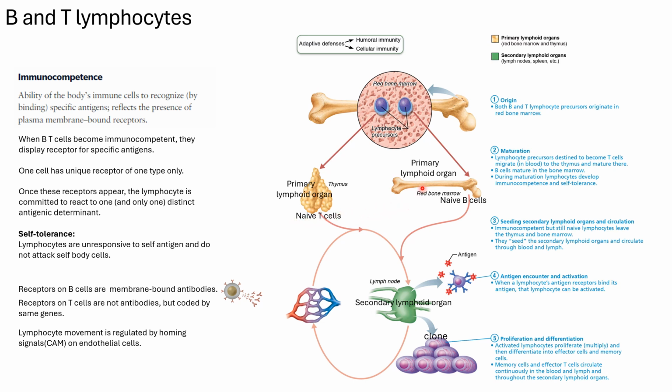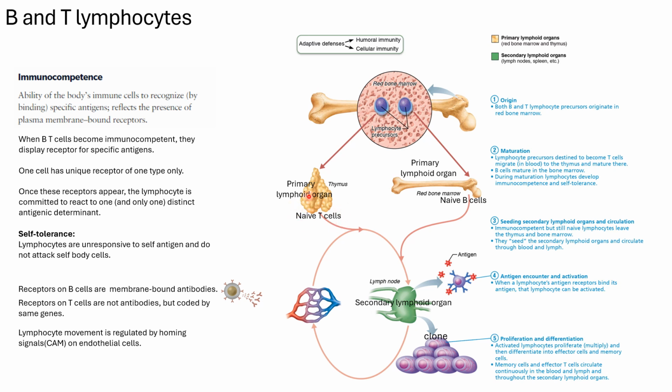And what is immunocompetence? Immunocompetence is the ability of the body's immune cells to recognize specific antigens, and it is reflected by the presence of membrane-bound receptors. So now these naive B cells display certain receptors, and also these naive T cells display certain receptors.